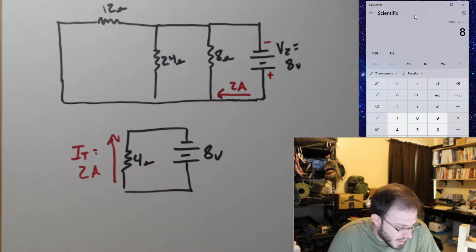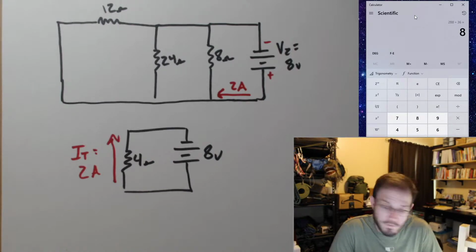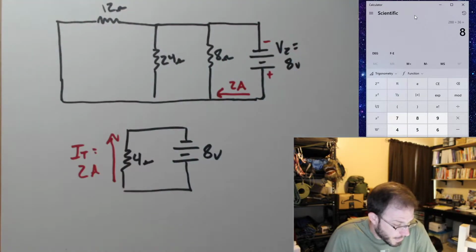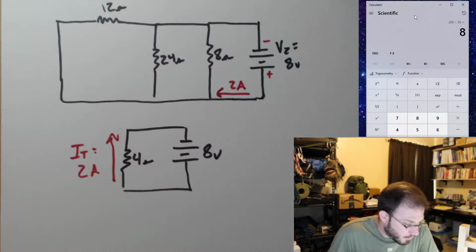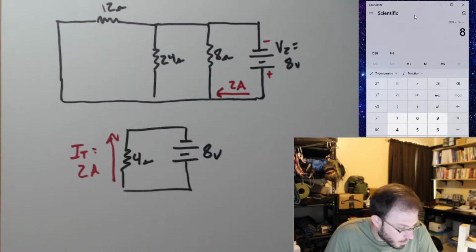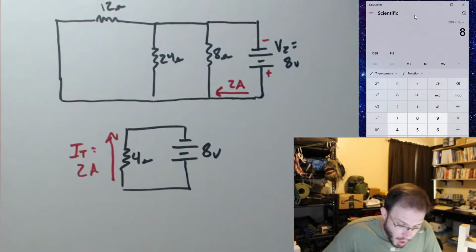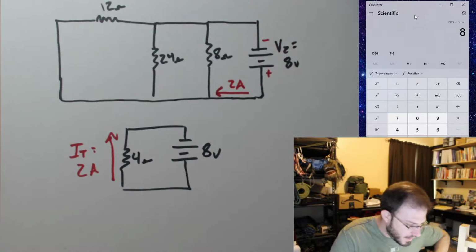Oh, great. What do we do now? Oh, we didn't even need to find the total current for this circuit because all of these are in parallel, right? 8 ohms is in parallel with 24 ohms is in parallel with 12 ohms, and we have 8 volts applied. So I have 8 volts across all of these. I should have started there.